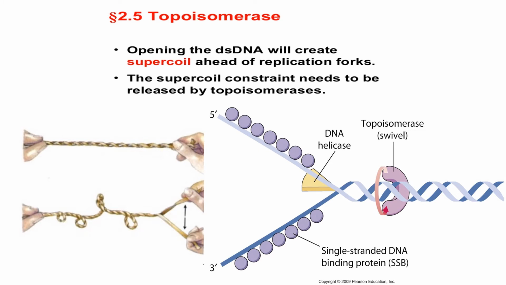If we add negative supercoils to it, these supercoils are released. Topoisomerase has the same function. Opening the double-stranded DNA will create supercoils ahead of the replication fork. The supercoil constraints need to be released by topoisomerase. Here the topoisomerase is swirling around the DNA to be opened by the helicase, and it is removing the supercoil constraints.